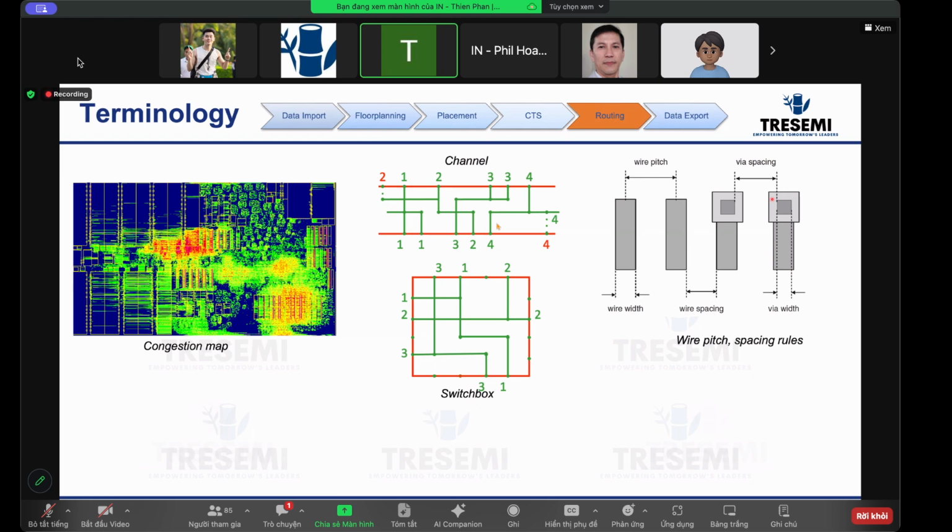So there's a metric you can define: what percentage you consider a congestion. Is that 80%, 90%, or 70%?